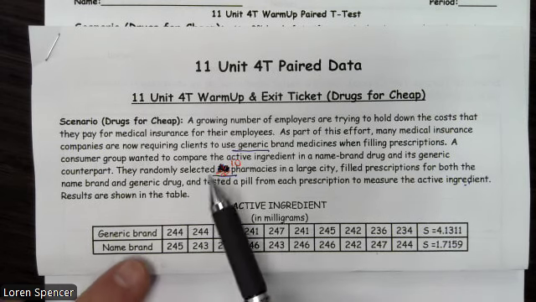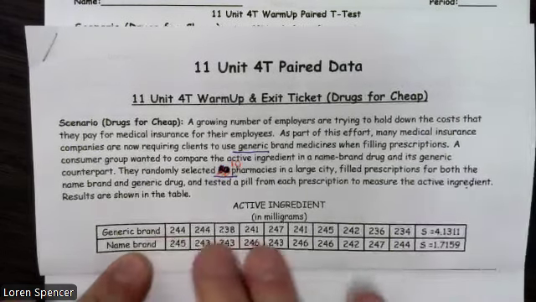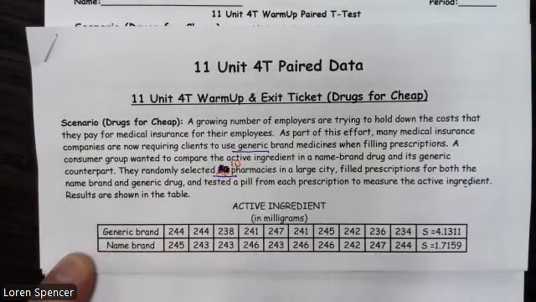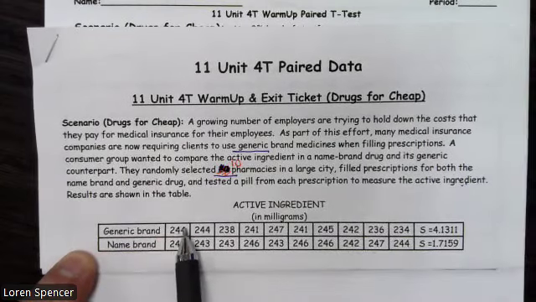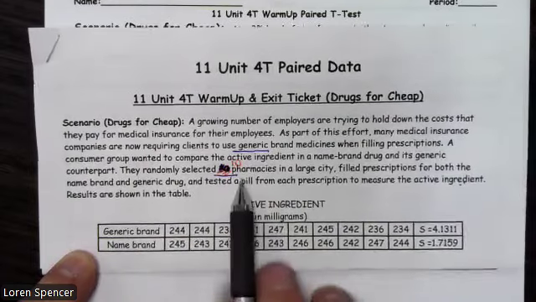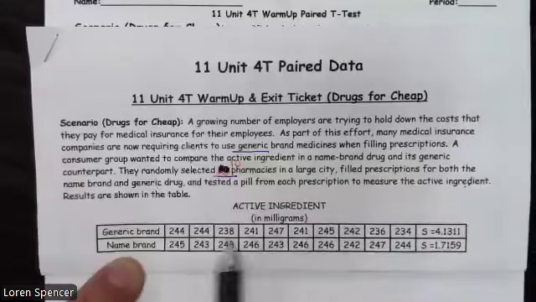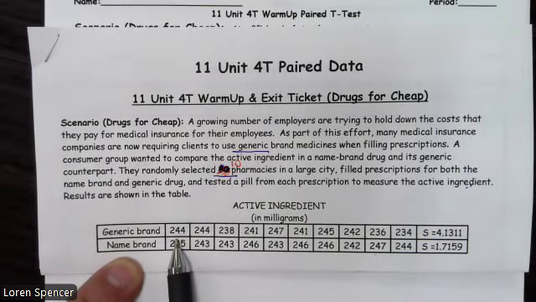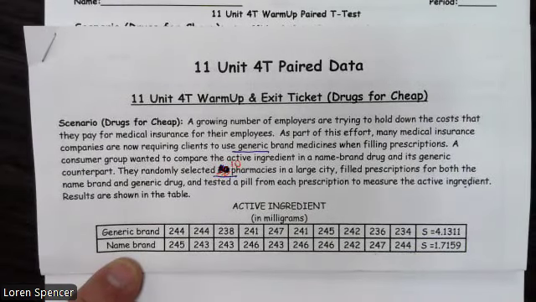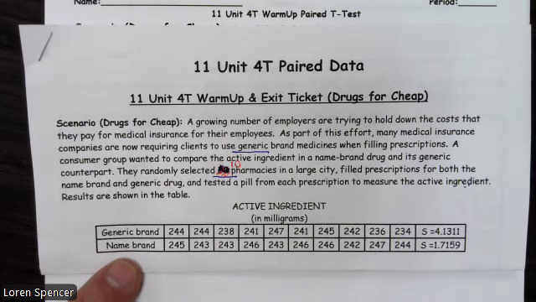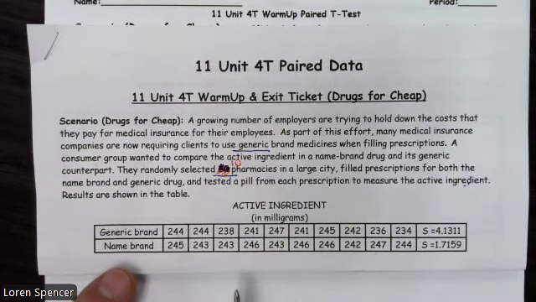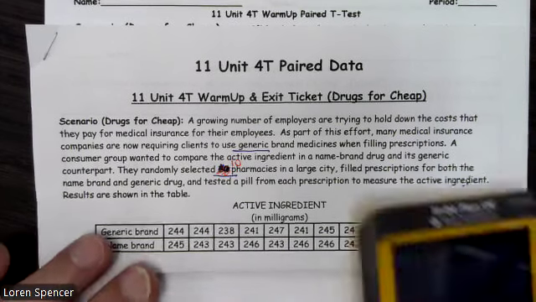All right, so initially this showed 20, and I did not want it to be 20. If it had been 20, this would have been a two sample t. But as you notice, we have 10 pharmacies chosen, and we happen to have 10 data points for each one. That means each pharmacy was tested twice. So they took some name brand from one pharmacy and the generic from one pharmacy, and they measured it out.